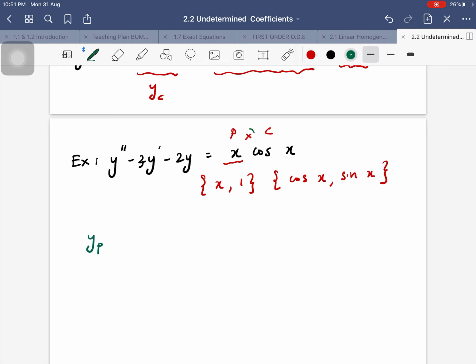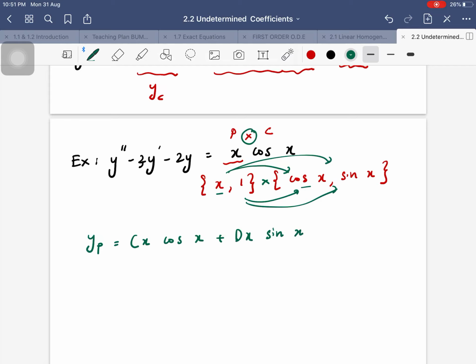As this is multiplication, all you have to do is multiply. Meaning that this multiplied by that, this multiplied by that is going to be one element. So all together we can have 4 elements in here. So first is going to be x multiplied by cos x. So put a constant, it's going to be cx cos of x, plus x multiplied by sine, so dx sine of x.